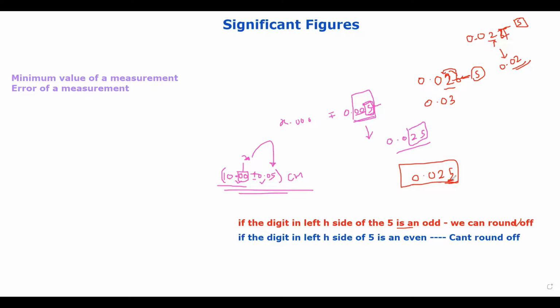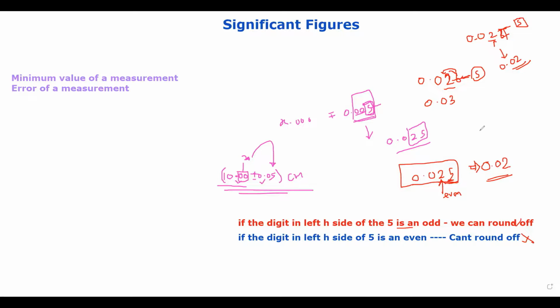The left hand side of the 5 is 2. 2 is an even number. If it is an even number, what is the rule? We can't round off. We have to keep it as it is. So what is the final answer? 0.02. We couldn't round off.